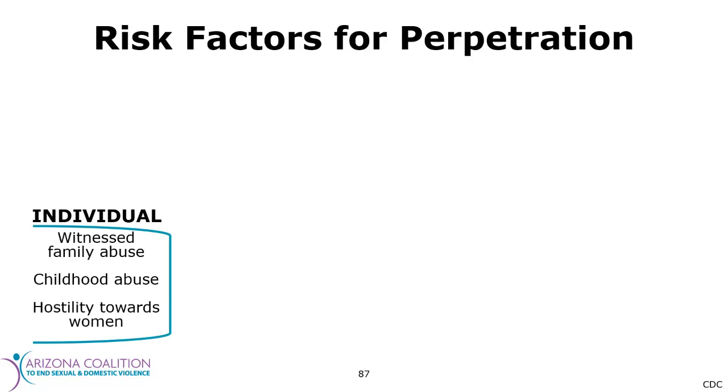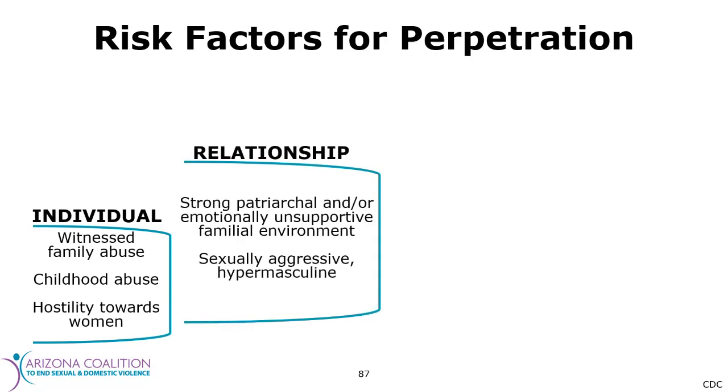So at the individual level, if they witnessed family abuse, were abused as a child, or had hostility towards women; if in their relationships there is a strong patriarchal theme or an emotionally unsupportive environment; and if they exist in an environment where sexual aggression and hypermasculinity is evident.